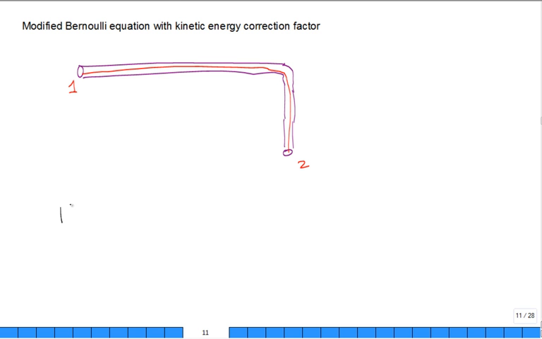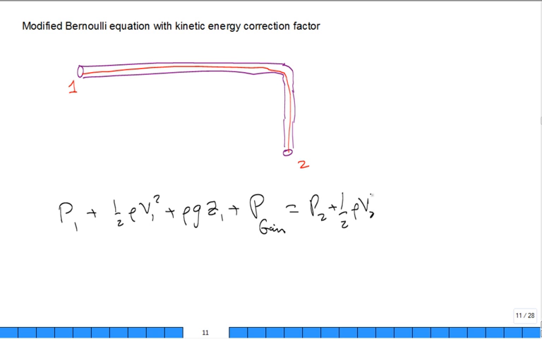So we'd say the pressure at 1 plus 1/2 rho V1 squared plus rho g z1, plus any pressure gains along that run between 1 and 2, equals the pressure at 2 plus 1/2 rho V2 squared plus rho g z2 plus any pressure losses in that section.